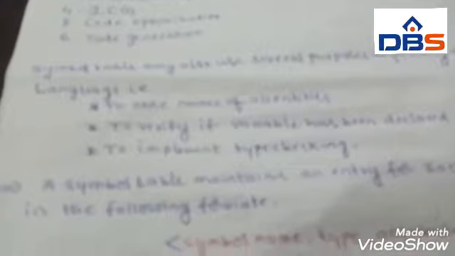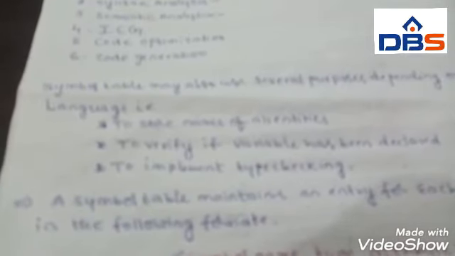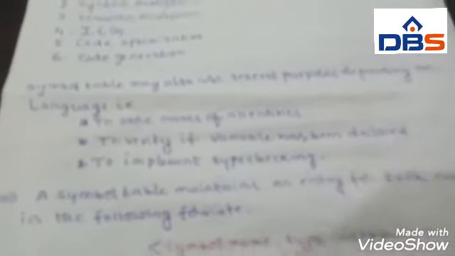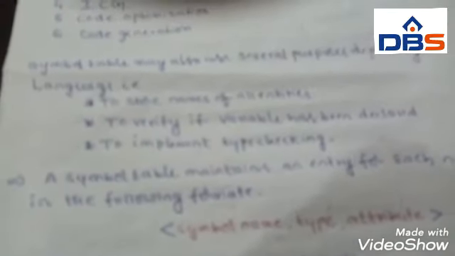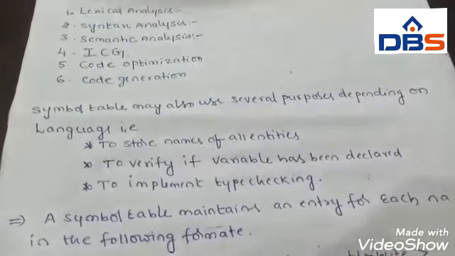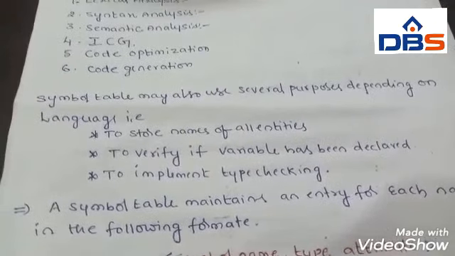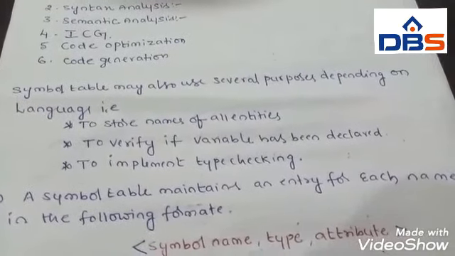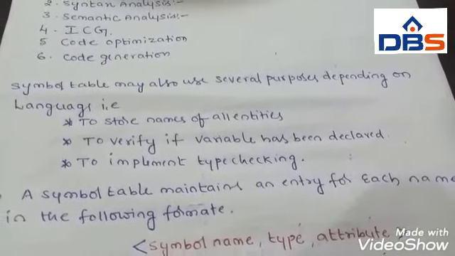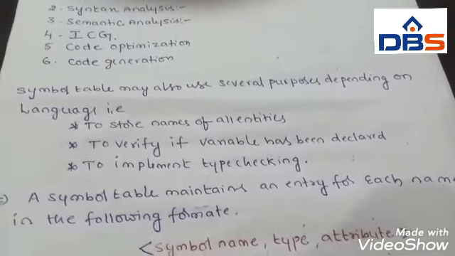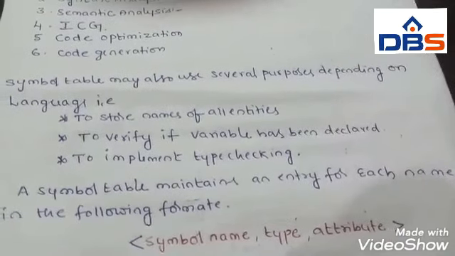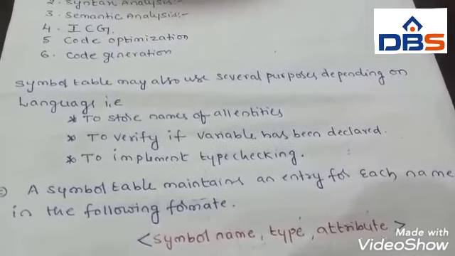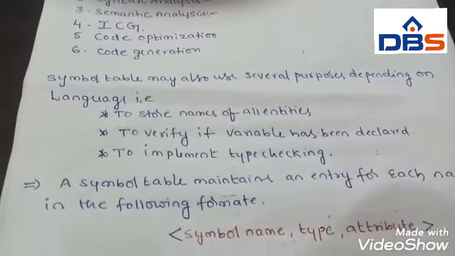Next, to verify if a variable has been declared. Next, to implement type checking by verifying that assignments and expressions in the source code are semantically correct. Next, to determine the scope of a name.